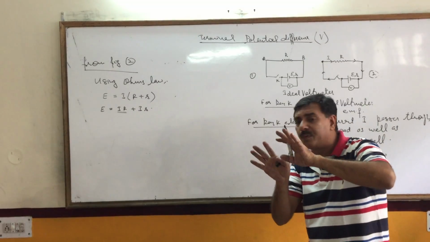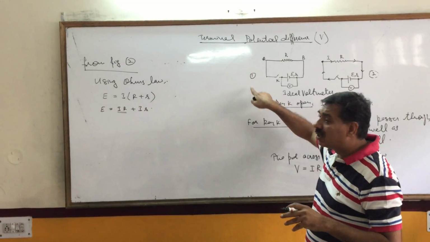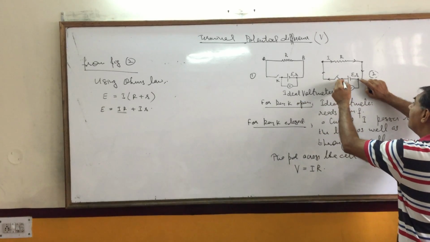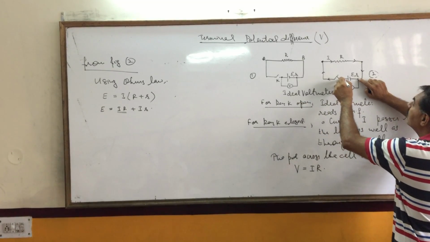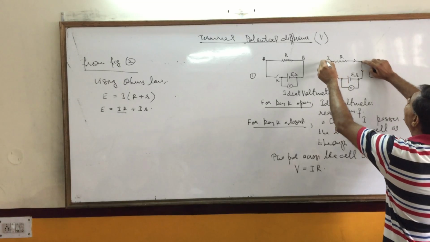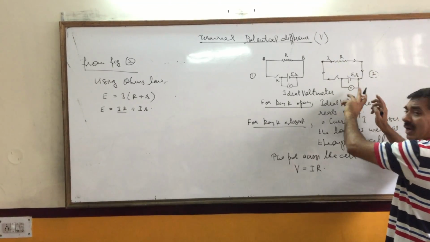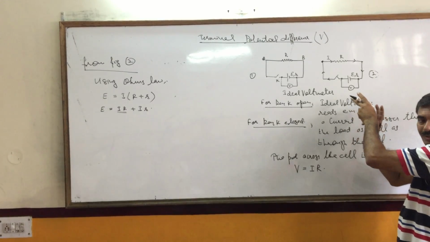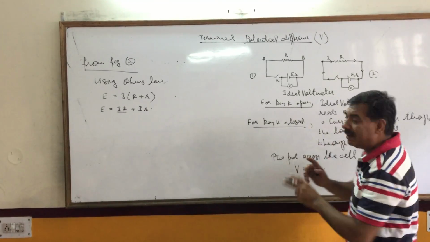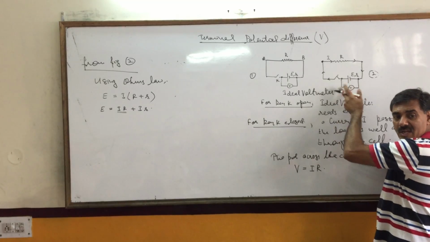It is the potential difference when we are not drawing current. The potential difference between the terminals now is the same as across this, which we know. Because we are drawing current, the reading over here will suddenly reduce.